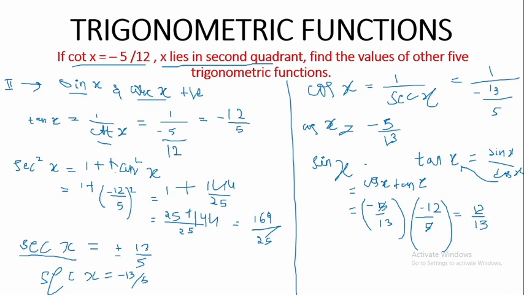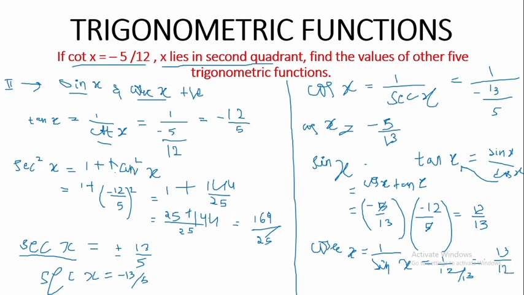So sin x we got as 12 by 13, and similarly we know cosecant x is equal to 1 by sin x. We know the value of sin x now, so we can substitute that. That would be 1 by 12 by 13. This 13 will go to the numerator when we reciprocate it. So we will get 13 by 12.